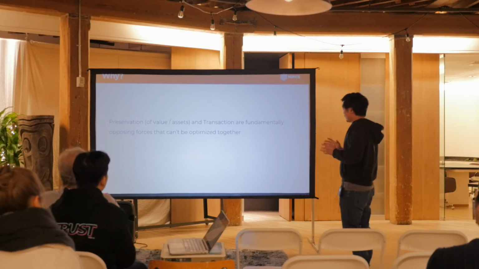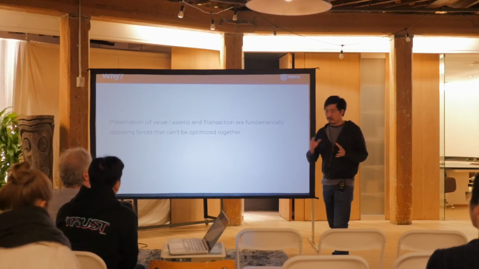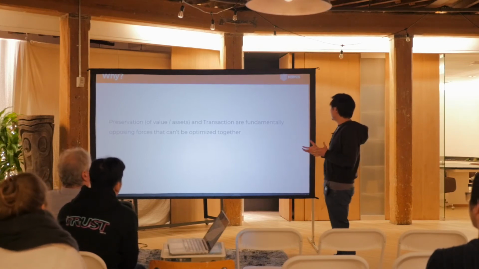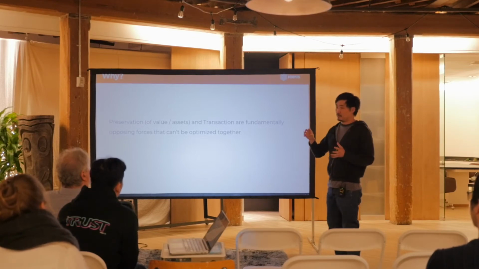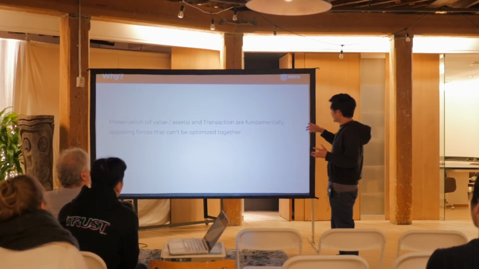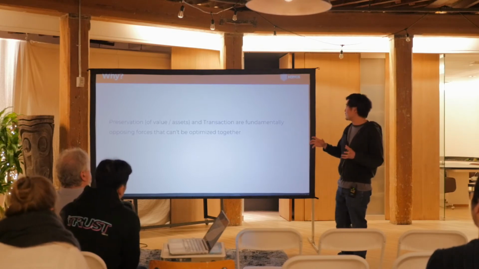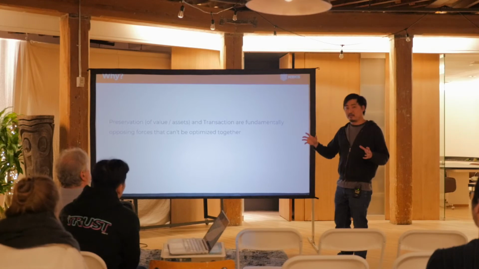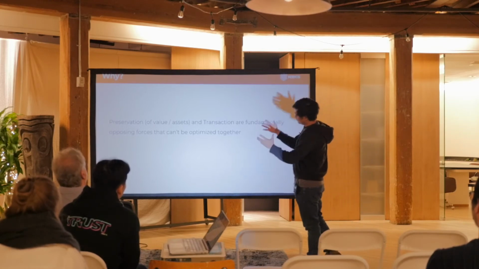I think this is one of our key contributions to cryptoeconomic theory, or cryptoeconomic design in blockchain: the goal of preservation, or the force of preservation, and the force of transaction are fundamentally opposing each other, right? So in other words, you cannot optimize both at the same time, right? So you can only optimize, if you optimize for preservation, right?